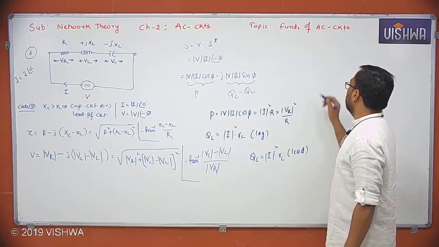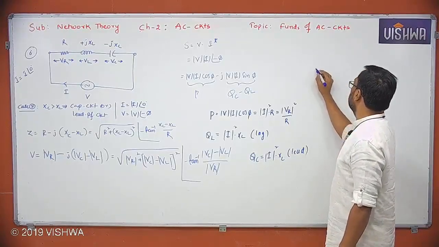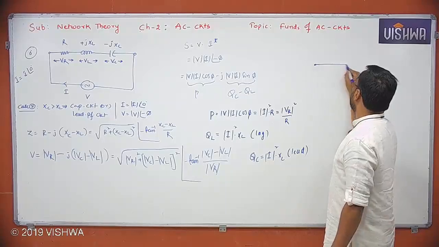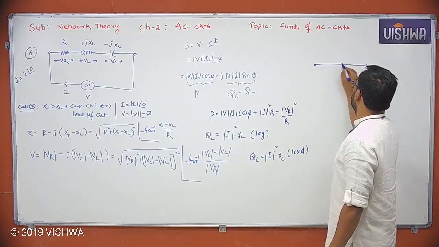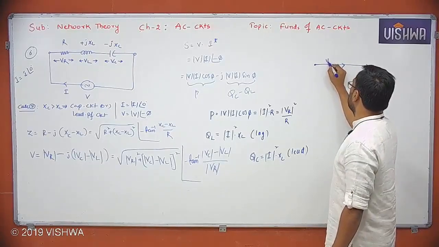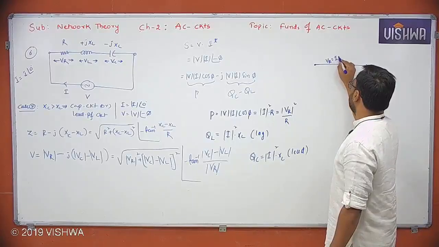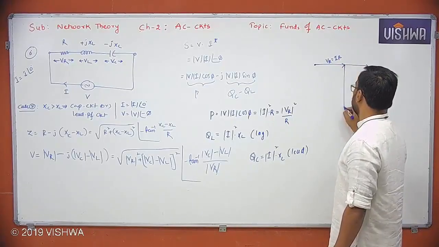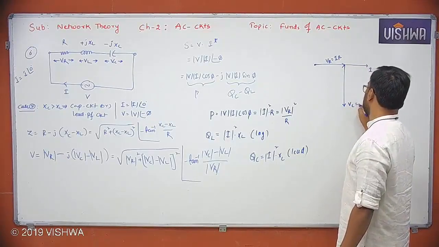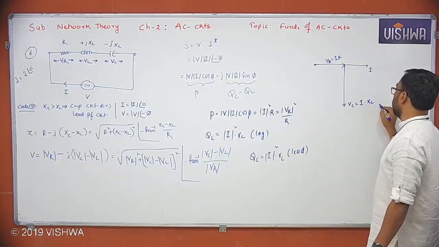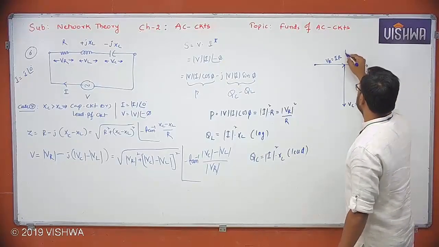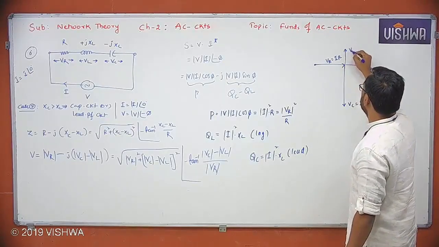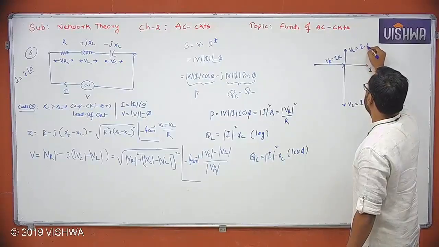So what do you get in the phasor diagram here again? This is I. This is VR, nothing but I into R. VC, I into XC. Next, VL, I into XL.